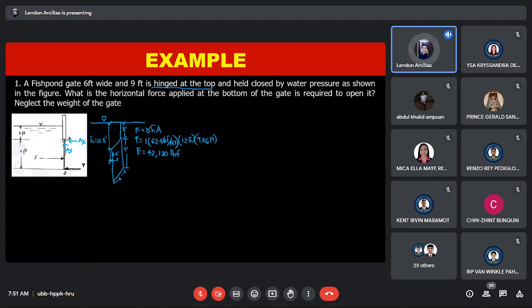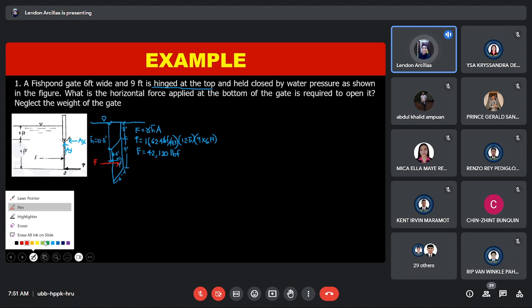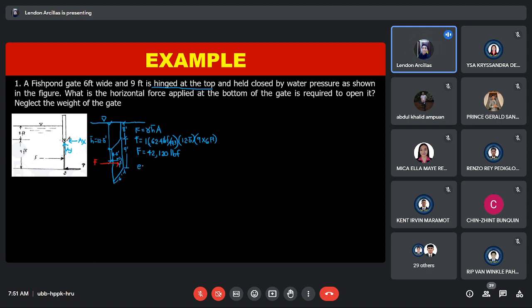So next is yung location ng force dito sa gate. So how do we find it? Since this is CG, this is CP, dito yung mag-a-act yung F natin. Dito sa CP. So let's try to find first the value of E. Okay? E is BH cube over 12 over area times H bar or Y bar.